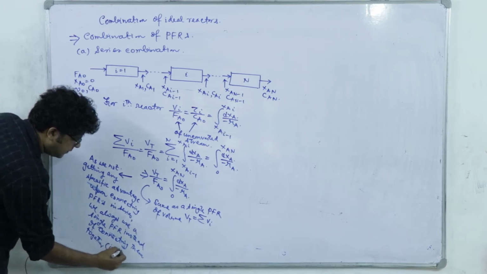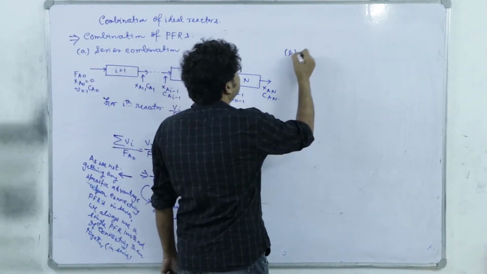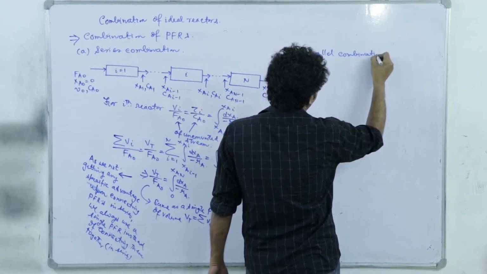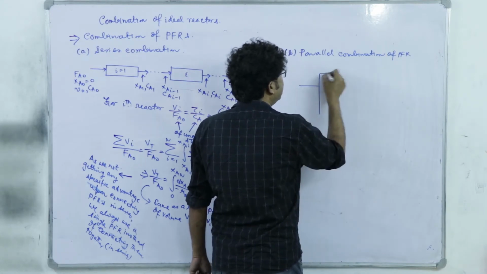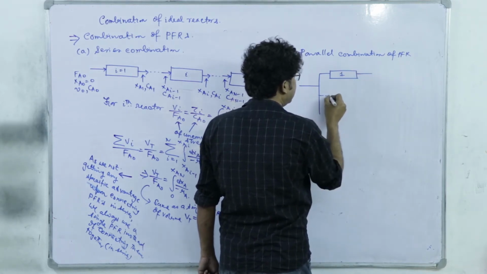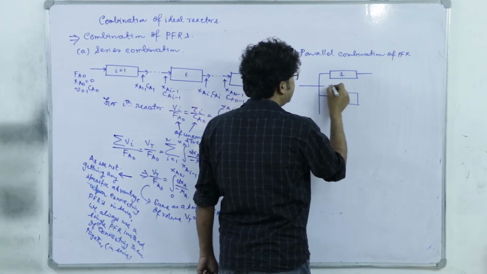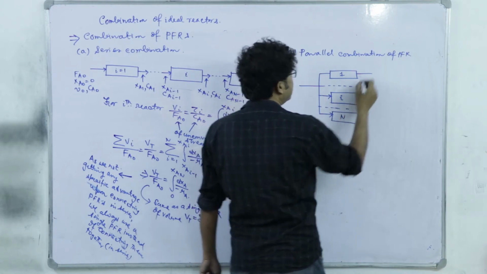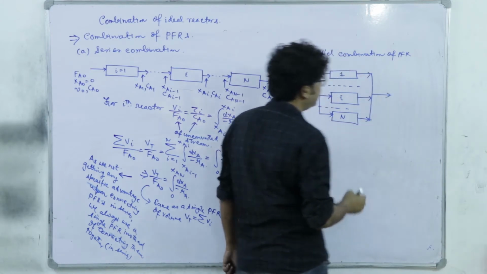Right, definitely this connection is following the series combination. Now in parallel combination, what will happen? Say we have 1, i and N. Right.